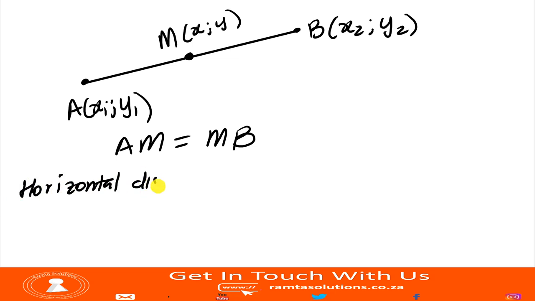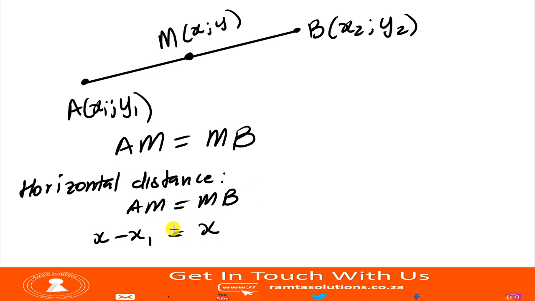We said AM is equal to MB. Let's look at each horizontal distance. The horizontal distance AM will be x minus x sub 1. What is MB? It will be x2 minus x.